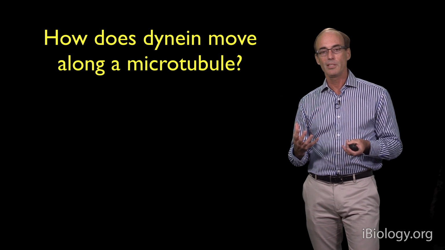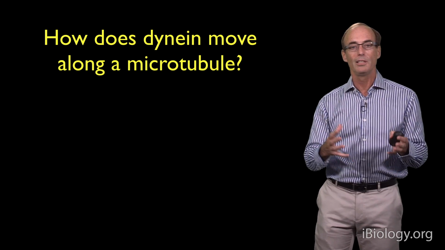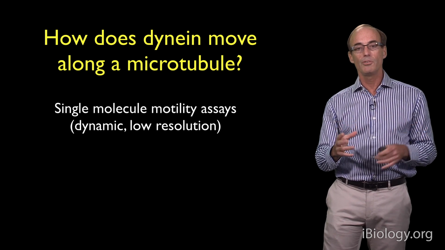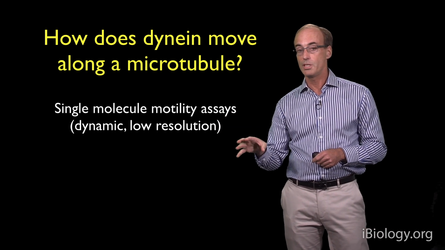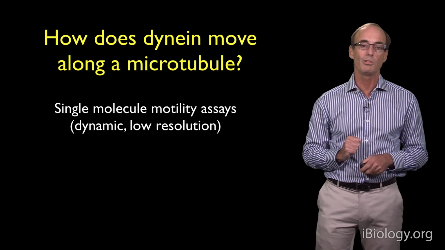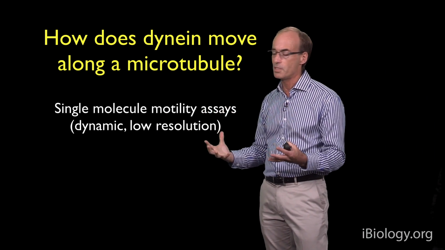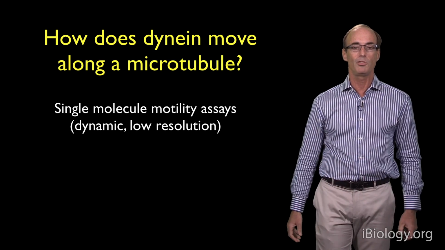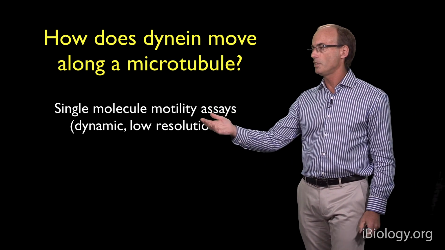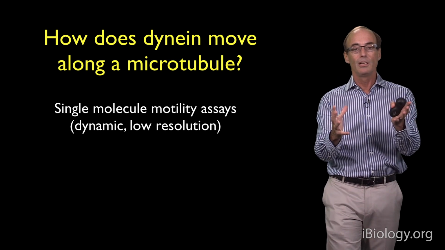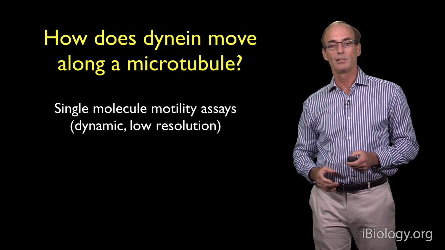And in addressing this problem, one has to tackle it using different kinds of techniques that are complementary. So one approach is to measure the motility of dynein, particularly at the single molecule level. And this gives you all kinds of information about the dynamics of dynein and how it's stepping along the microtubule track. But it's relatively low resolution information. In other words, you can't really see the protein structure and what it's doing.